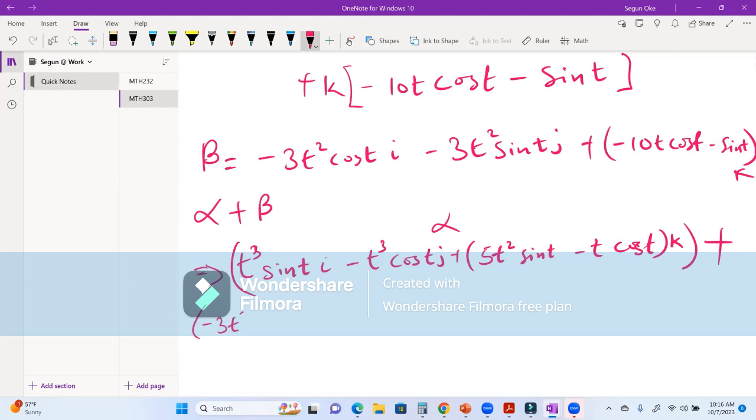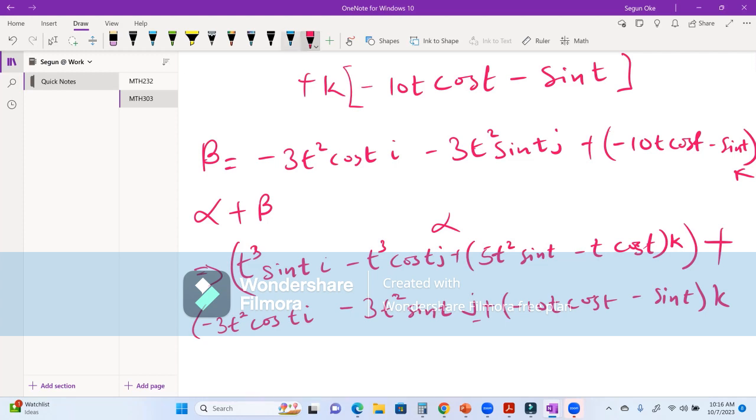Minus 3t squared cos t i, minus 3t squared sine t j, plus minus 10t cos t minus sine t k. Okay, this is my beta.